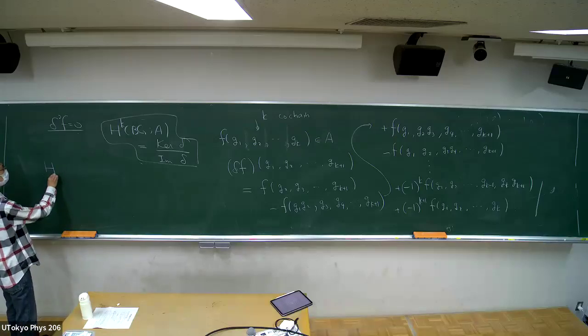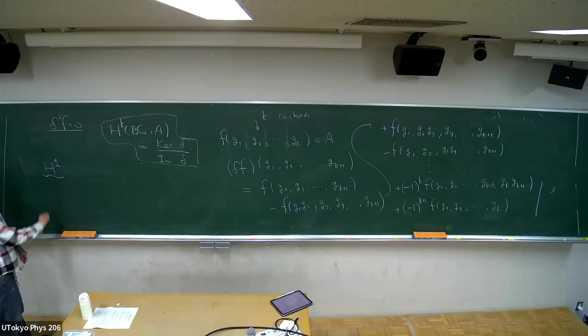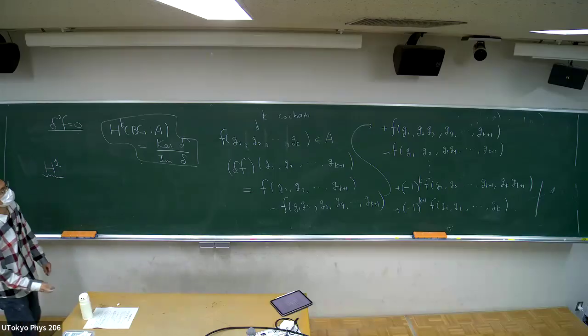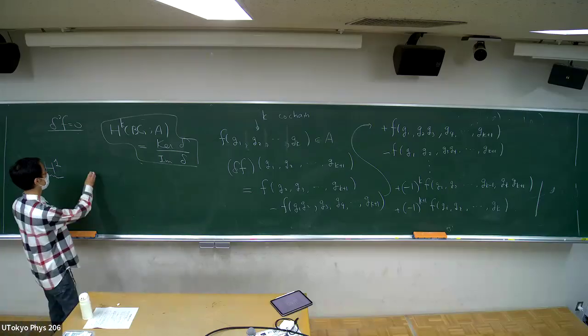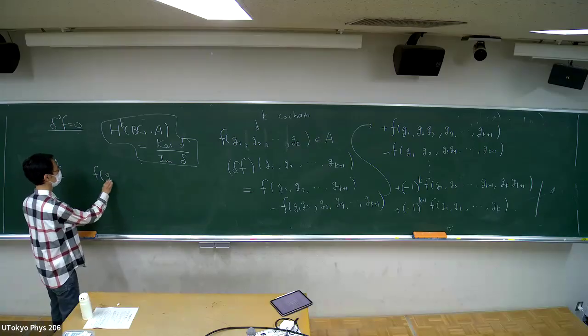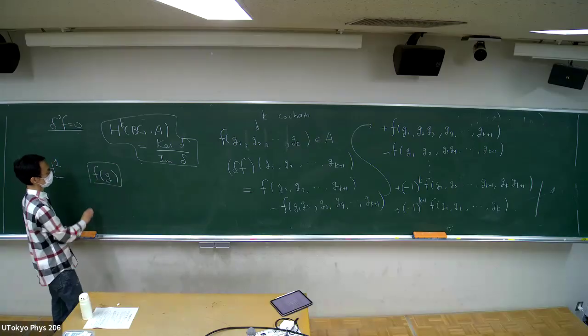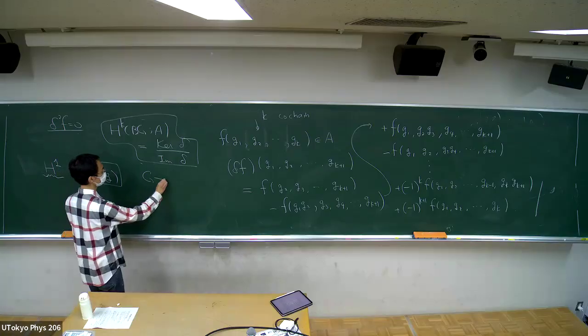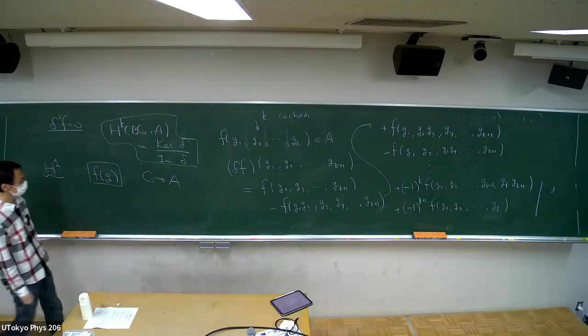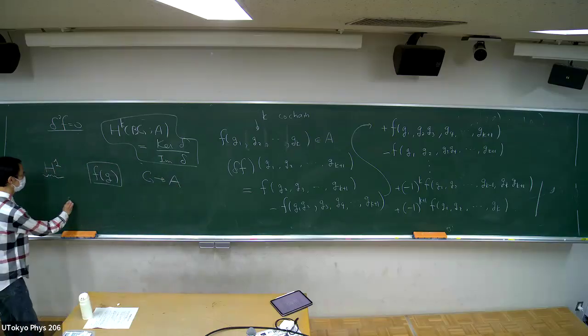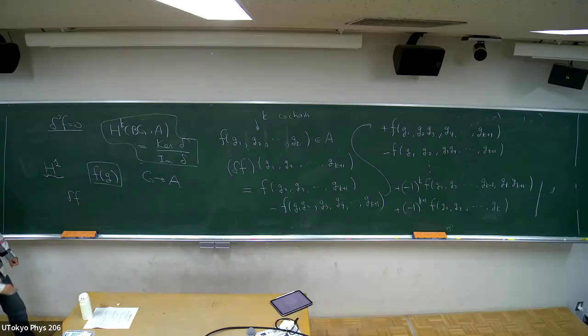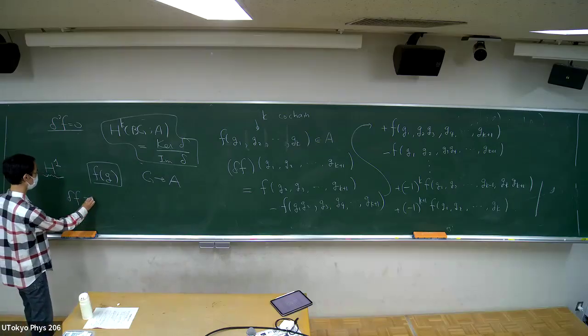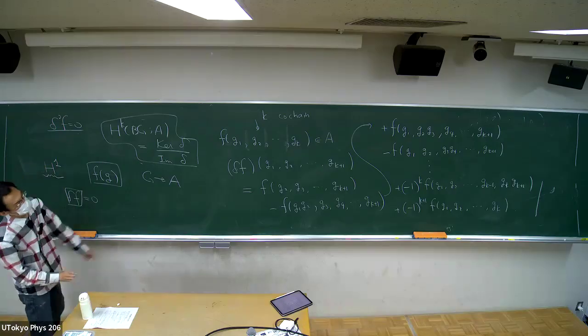So let's talk about H1. We need to understand one-cochains. A one-cochain is a map from G to A, right? And then you'd like to impose the condition that delta f is 0. What's delta f?